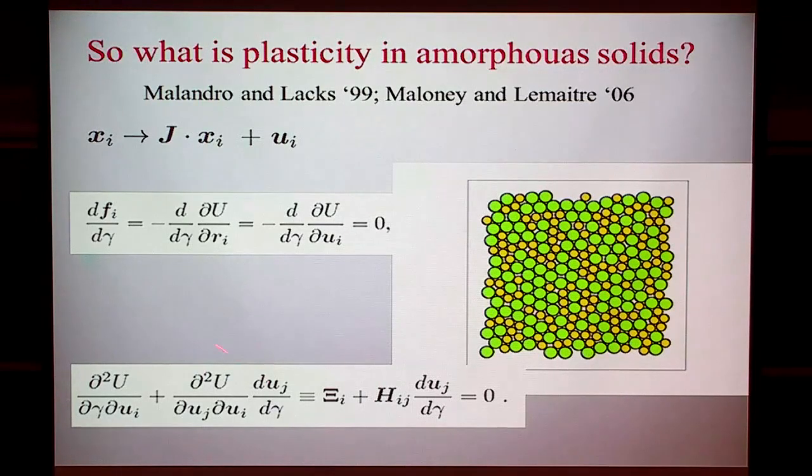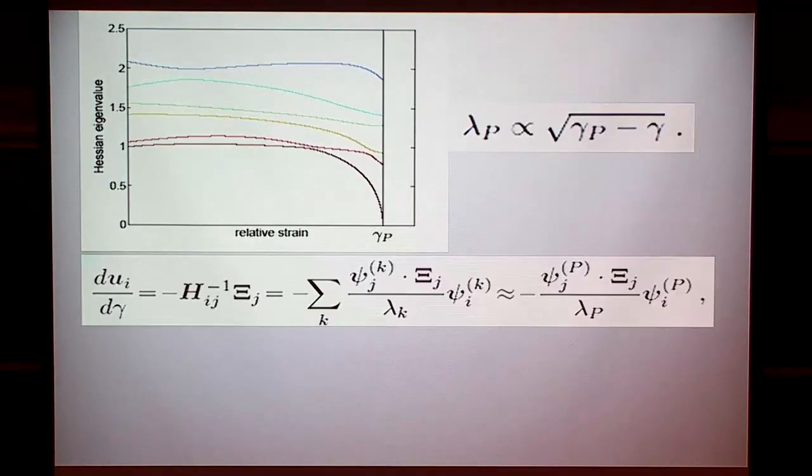By the way, it is of course real and symmetric, therefore diagonalizable. So as long as Hij doesn't have a 0 eigenvalue, this is legal, and I can invert. So let's do it. So here I just inverted: dui/dgamma is minus Hij to the minus 1 on psi, as long as no eigenvalue is vanishing.